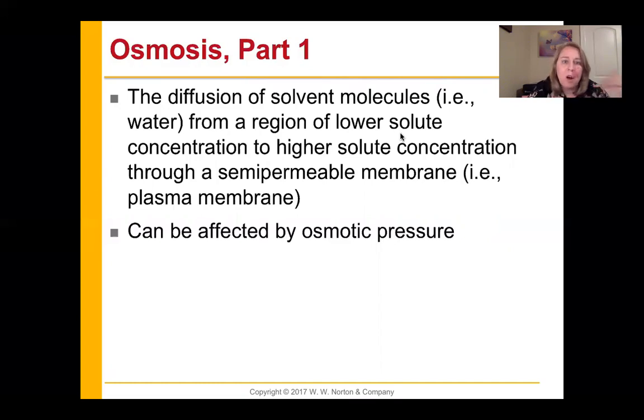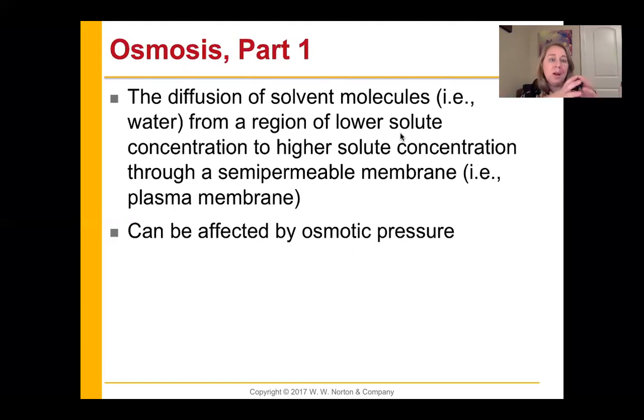You're always going to have diffusion of the water or the solvent from areas of low solute concentration to areas of high solute concentration. And this occurs naturally, right, because of entropy.